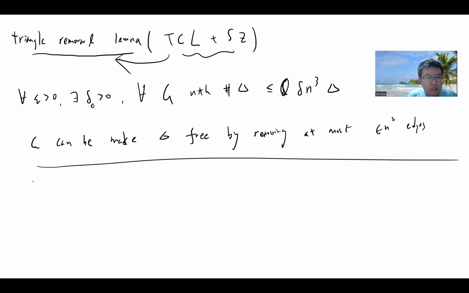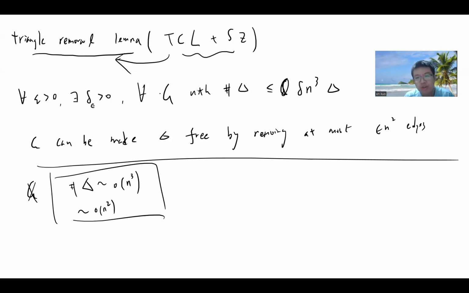Simply speaking, if the number of triangles is little o(n cubed), then G can be made triangle free by removing at most little o(n squared) edges.